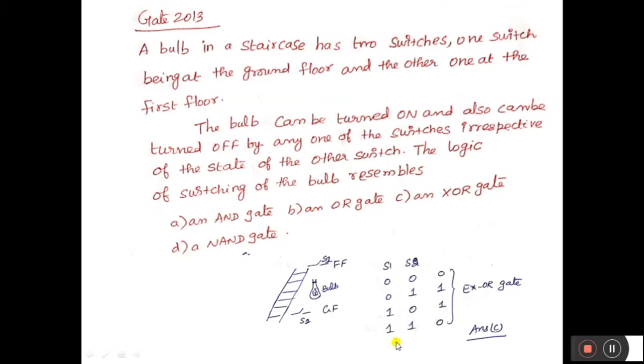If I switch on both, again the bulb won't glow. So from this truth table, I can conclude the given table is XOR gate directly. So the XOR gate option is given as C, a very simple question directly asked.